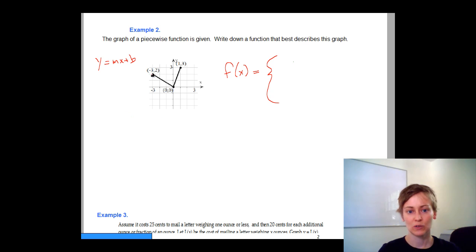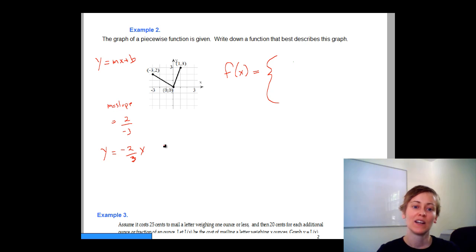Okay, so let's get the slope of the left-hand line. So slope, remember, is rise over run. So the rise is 2, and the run is negative 3. So that's my slope for the left-hand line. Therefore, my left-hand line is just y equals negative 2/3 of x.